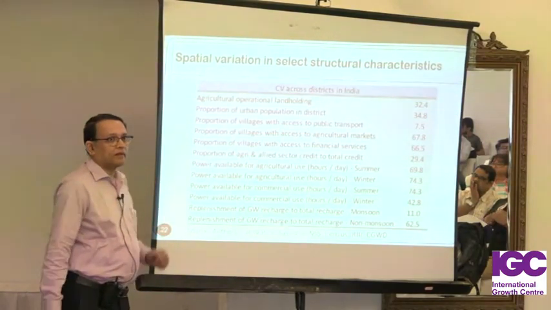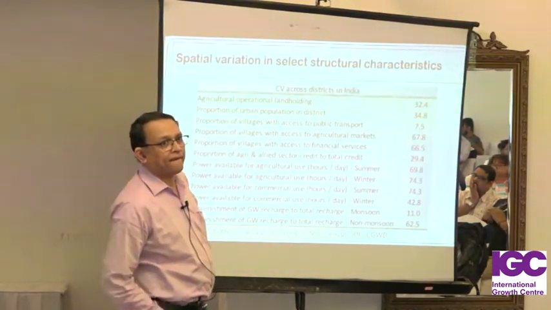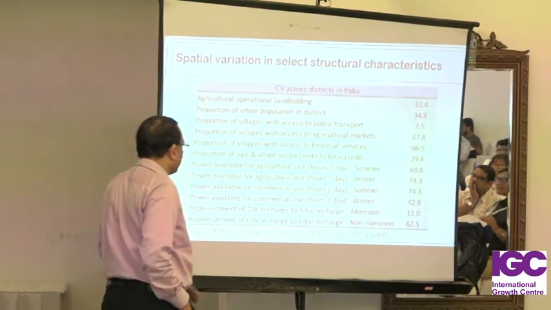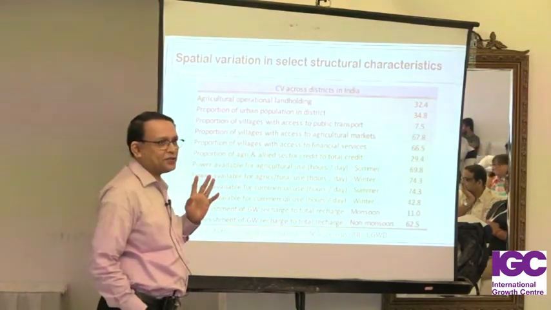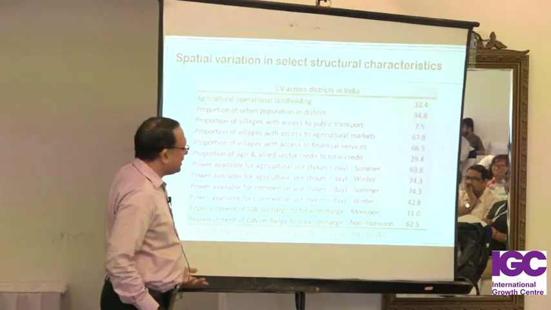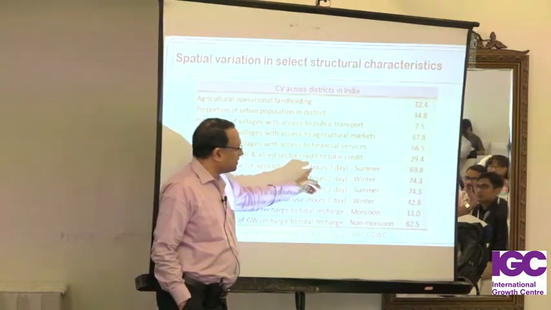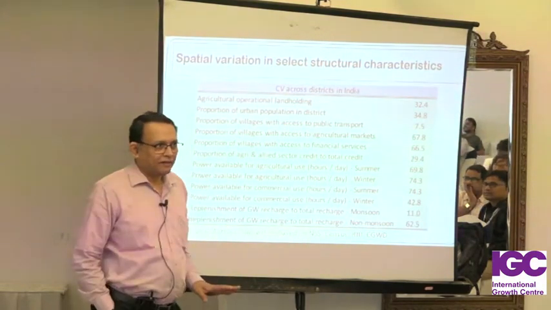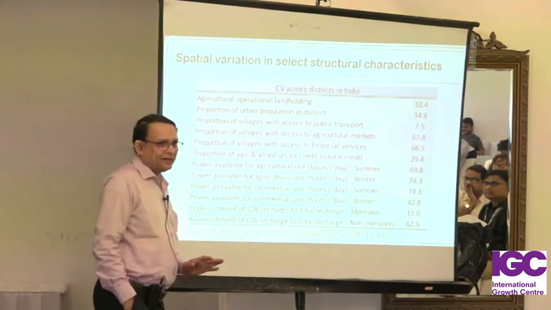The farmer cannot run the motor if the quality of power is poor. Yes, I agree, I don't deny that quality is an issue, but we don't get the data on that. We get the data on power available for agriculture use, number of hours per day on an average. It doesn't talk about the voltage at which you get the electricity.